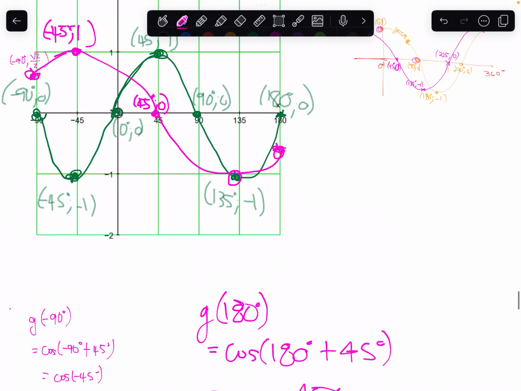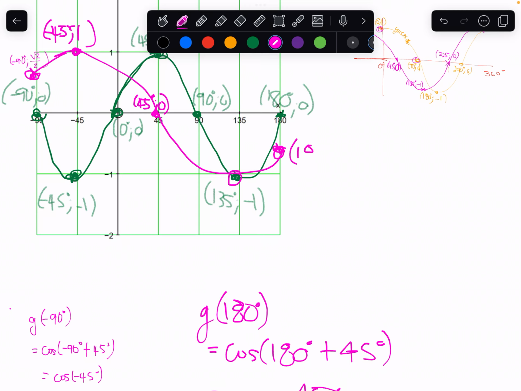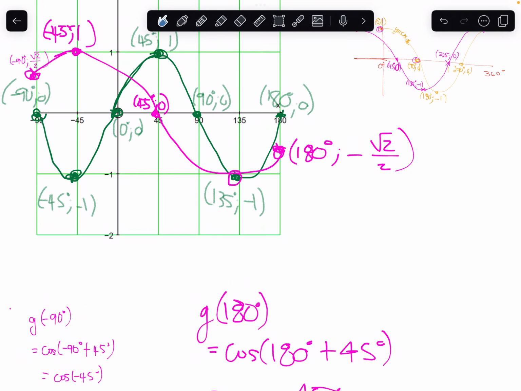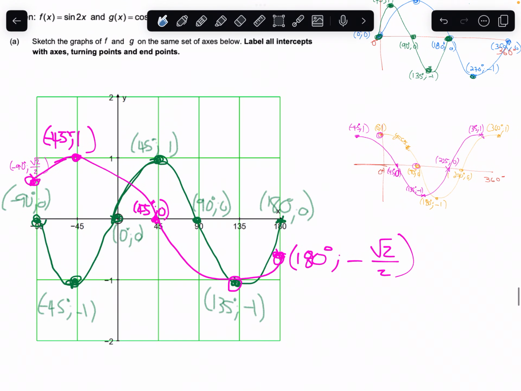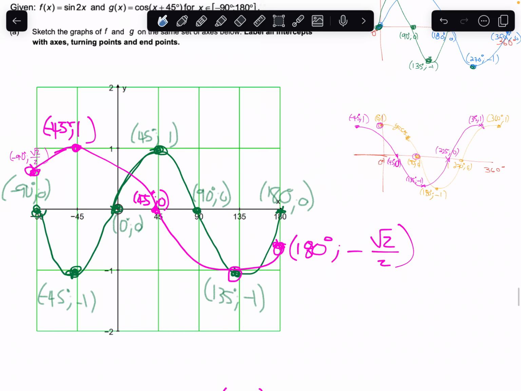So we have there 180 with negative root 2 over 2. Okay, and those are our two graphs with all of our important points labeled. Let's double check with the memo.